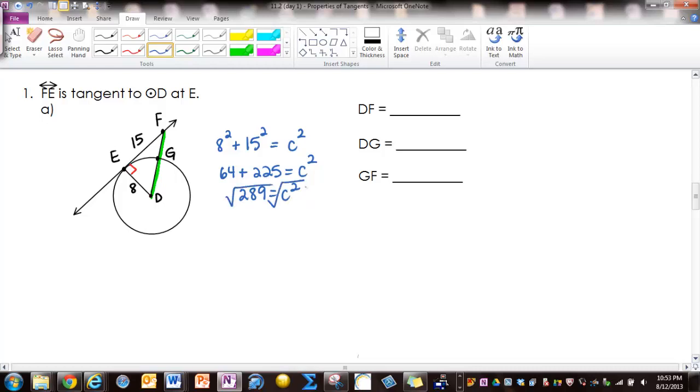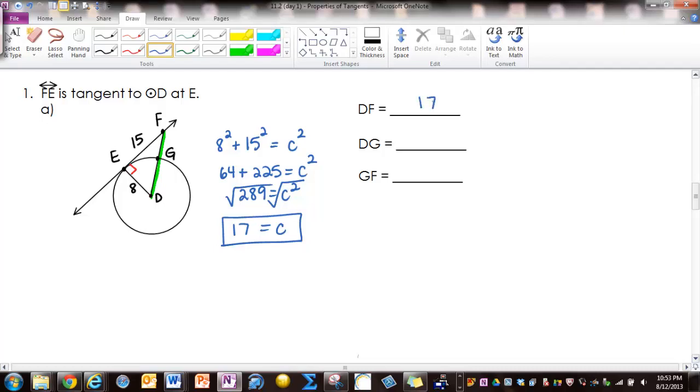Taking the square root of both sides, c equals 17. Now that 17 is the hypotenuse of our right triangle, which is the one I have shaded green, segment DF. So I'm going to write DF equals 17.